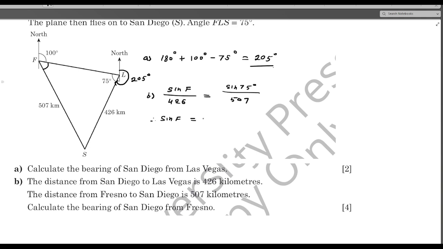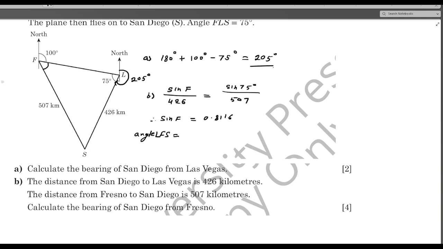Now I need to find out the value of F. So your angle LFS, right, in 3 alphabets, is equal to sine inverse of whatever answer you got.